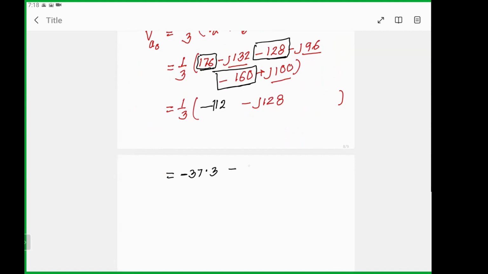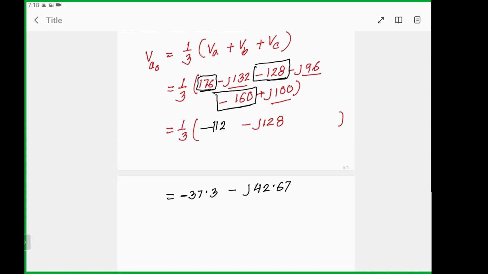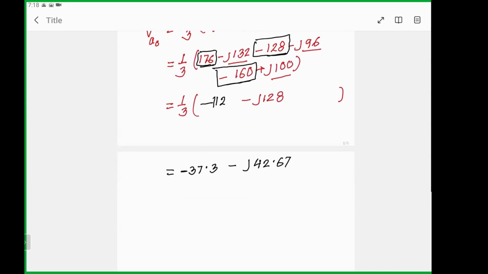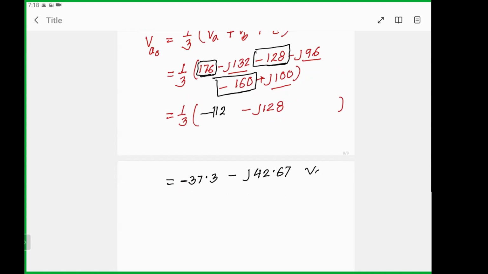And minus j, I think this is another fraction, 128 divided by 3. You can just keep it as it is. It's fine. So 42.67. Okay. Now at this point, you don't need to do anything. You can keep it as it is. And this is definitely volts.